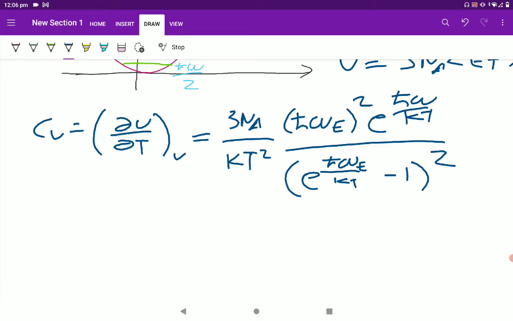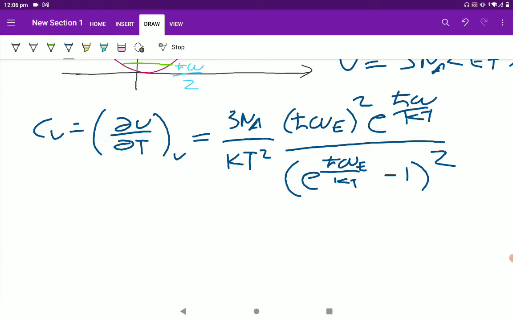This is the specific heat obtained by the Einstein model. The only difference from the Dulong-Petit model is that the harmonic oscillator has quantized energy instead of being continuous.